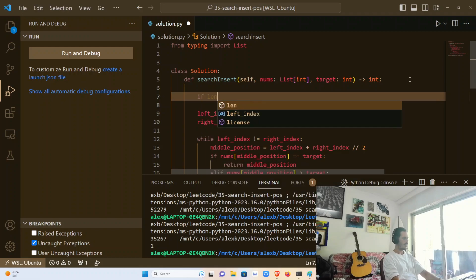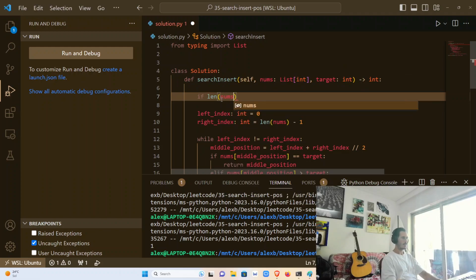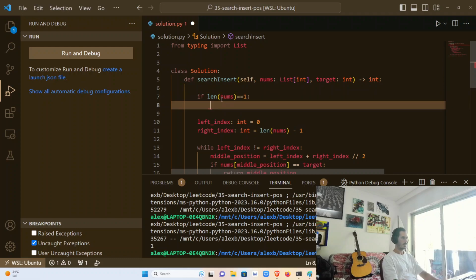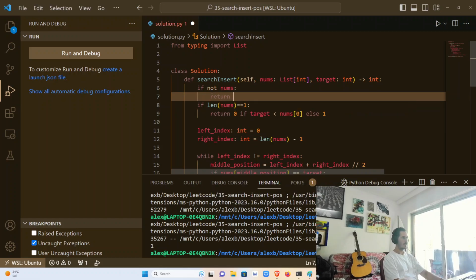Well, if the length of nums equals 1, return 0 if target is smaller than nums first position, else 1. If not nums, return 0.